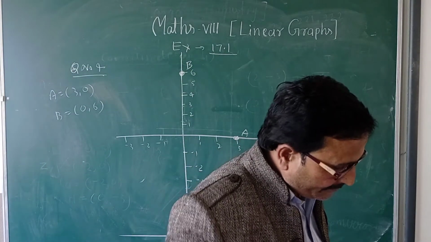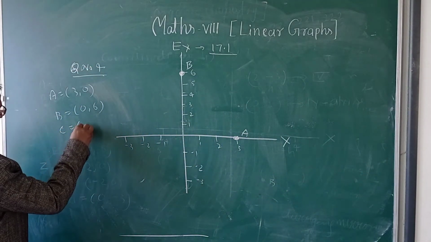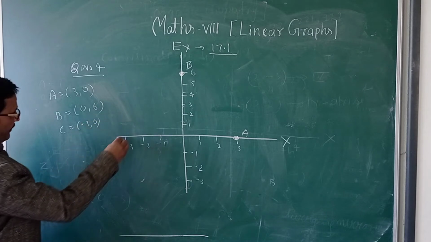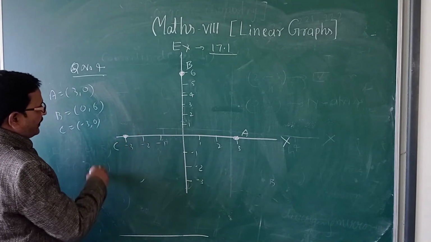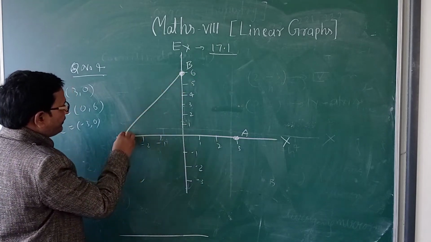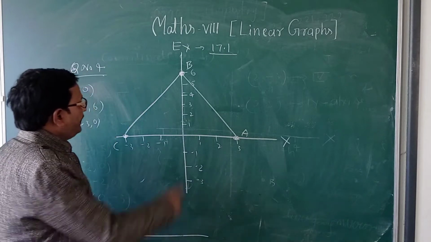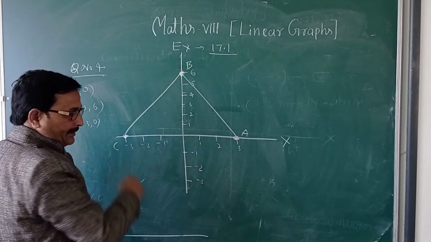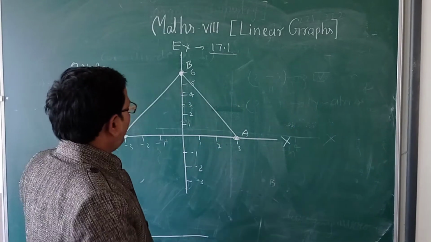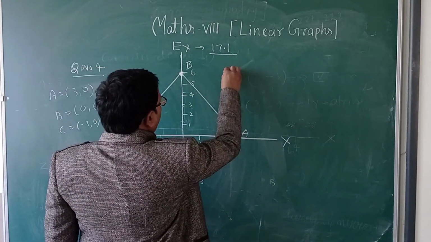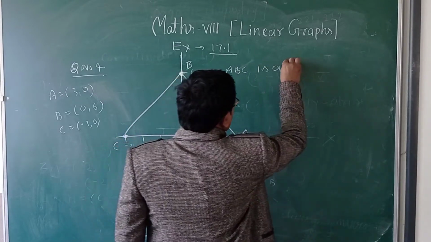C is given as (-3, 0): x value -3, y value 0. Join these points. What kind of figure is ABC? ABC is a triangle.